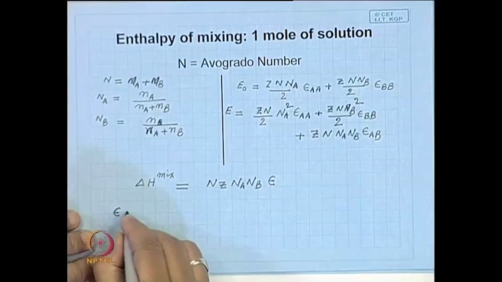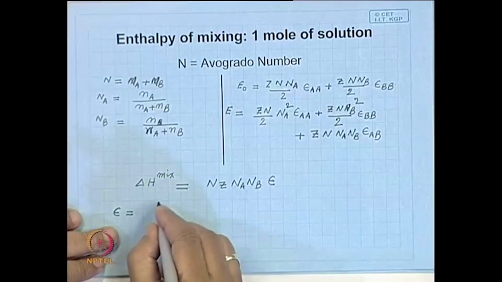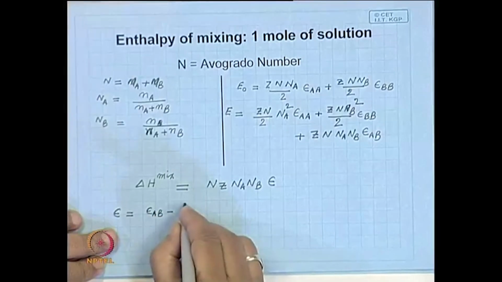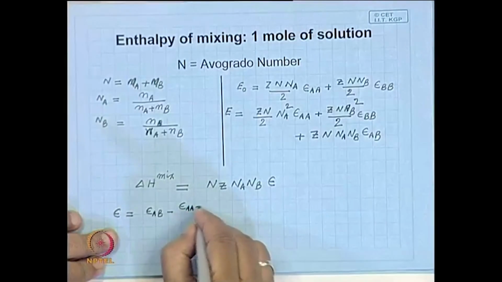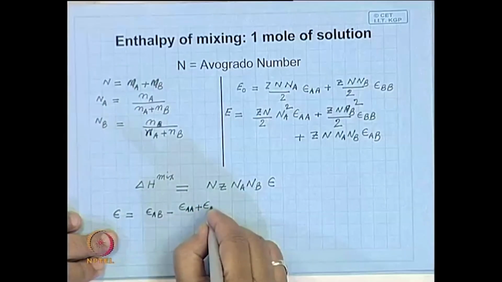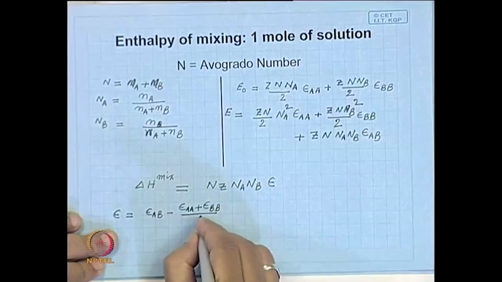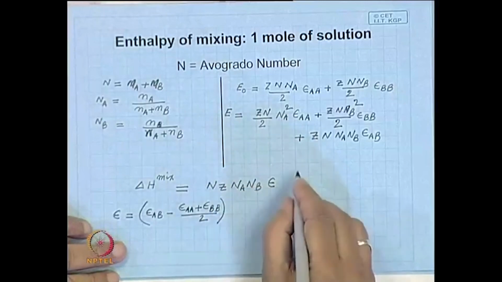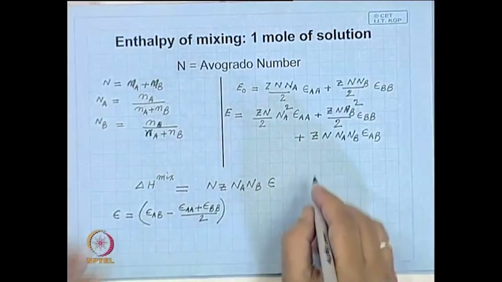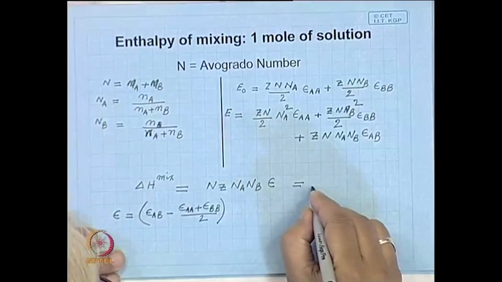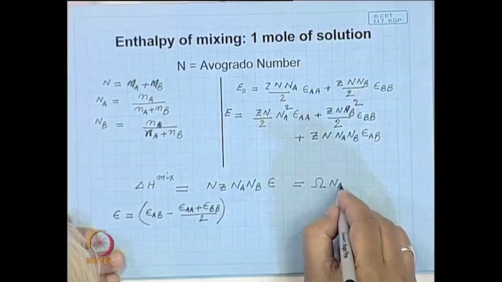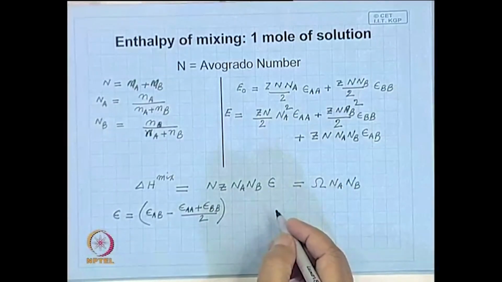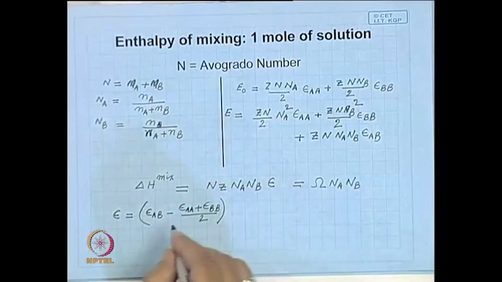This energy term is nothing but the AB type of bond formation energy minus the average of epsilon AA and epsilon BB, and we usually represent this as omega Na Nb. Now, look at this term.